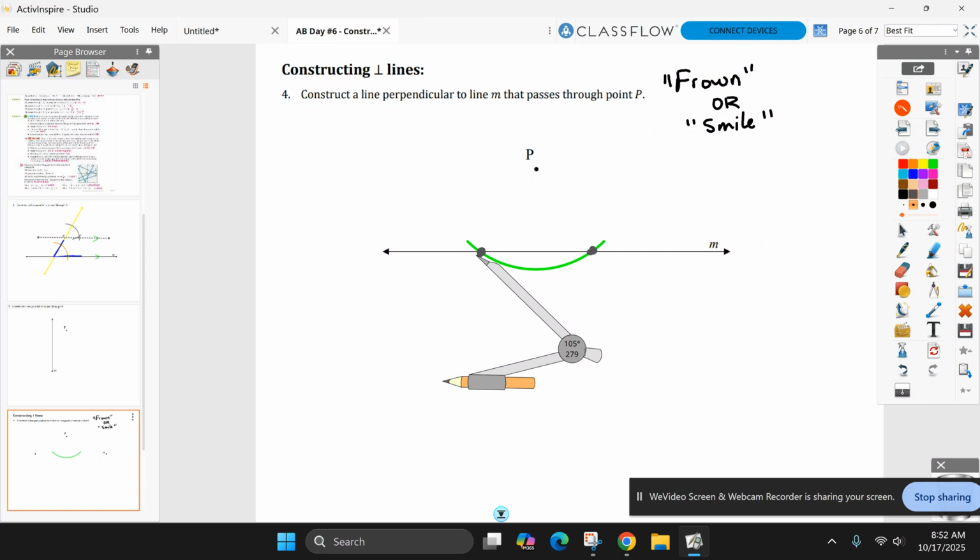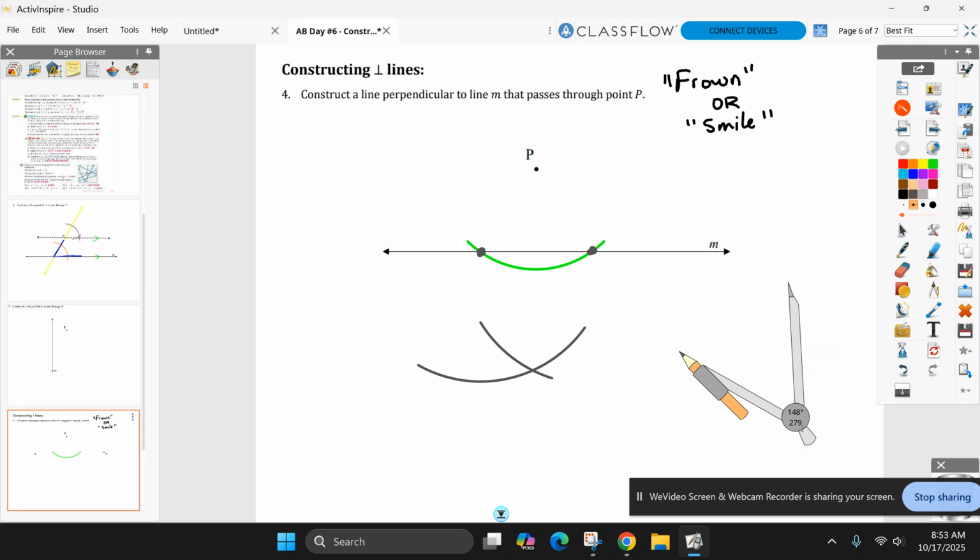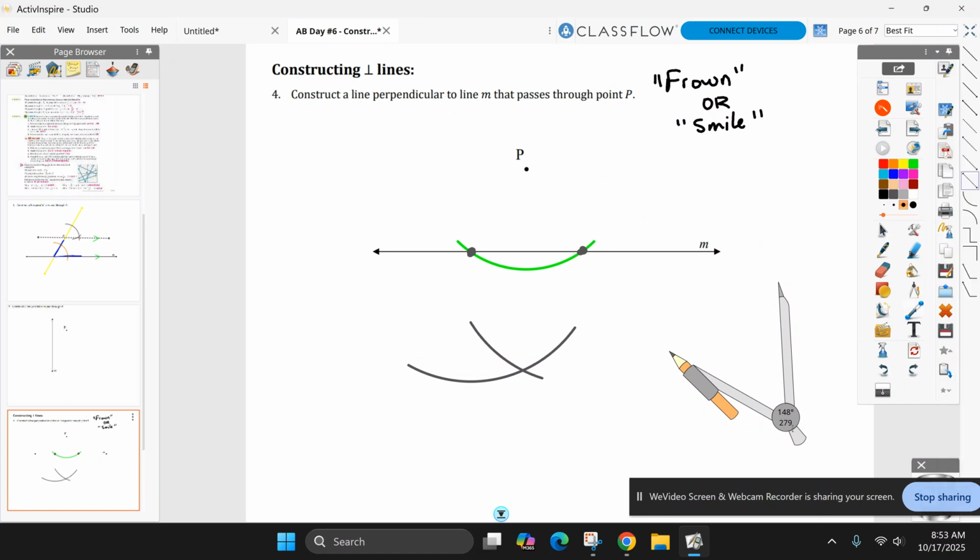You're going to make 2 arcs with the same opening that intersect each other. So go to each point of intersection and make 2 arcs with the same opening above or below line M that intersect. And then hopefully line it up with point P and you've got yourself a right angle, a perpendicular line.